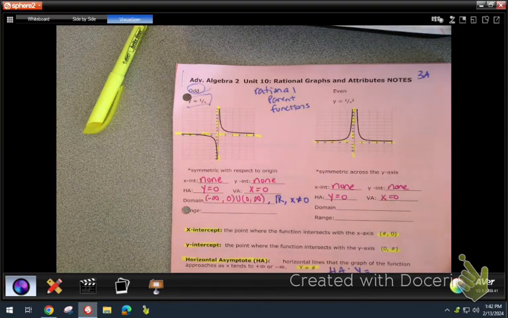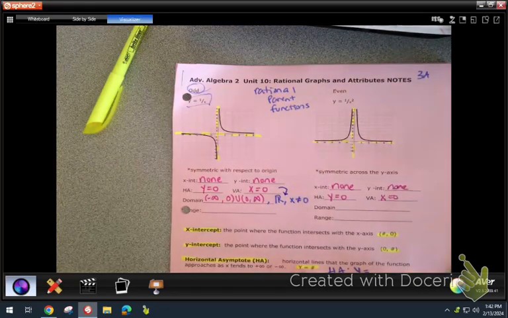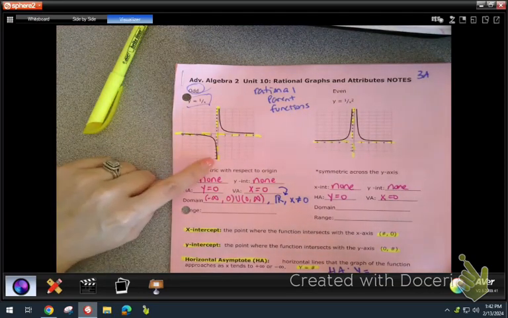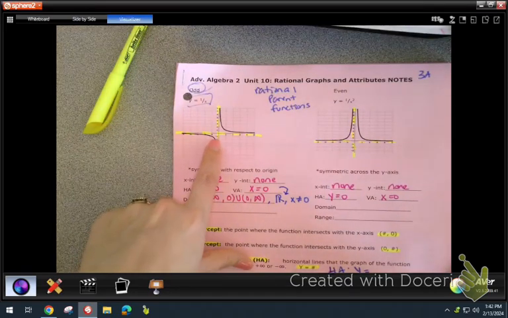So it's whatever that can't be. And so your vertical asymptote has to deal with your domain. So wherever that VA is, then you're going to have problems in your graph. Okay? Your range, which we're really only going to do range today, has to do with the possible y values. Again, bottom to top. So what's the lowest y value that this graph is going?